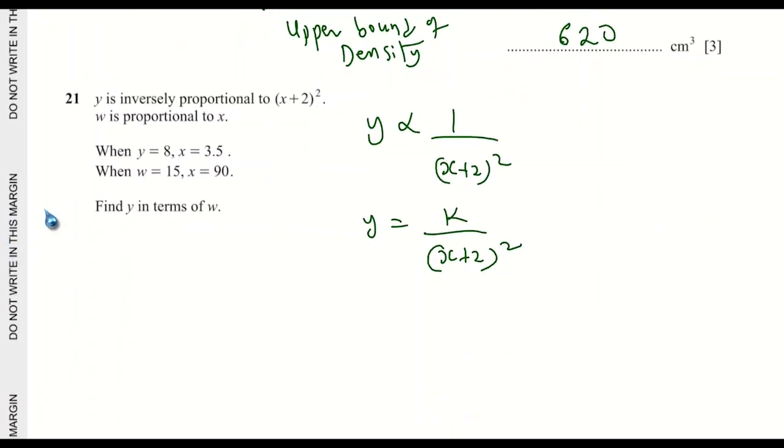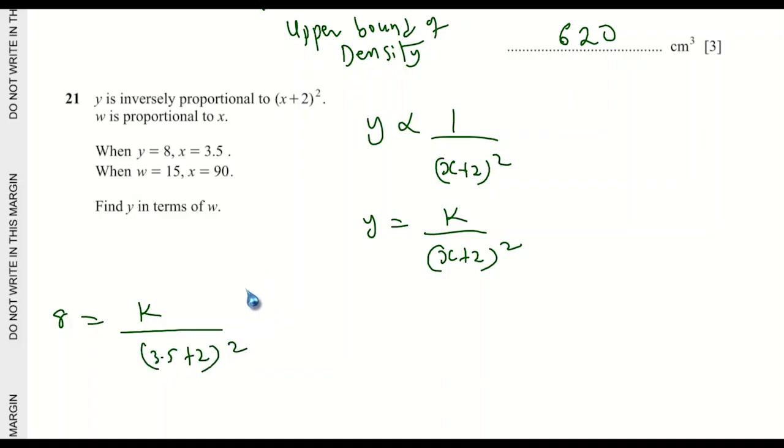Then we can now substitute the values. So when y equals 8, then we need to find the value of k. Then x is giving us 3.5, then plus 2 all squared.